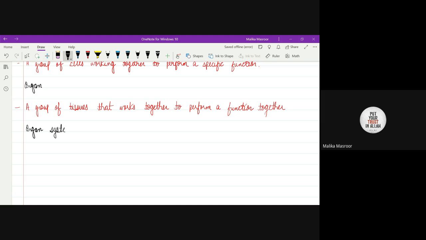So different organs work together to perform functions and run the body.